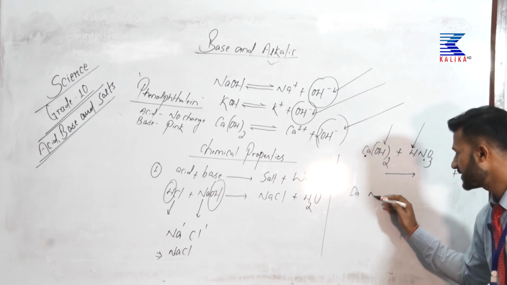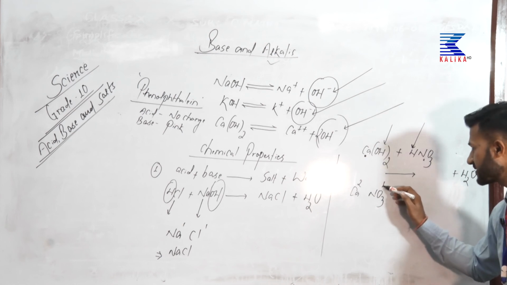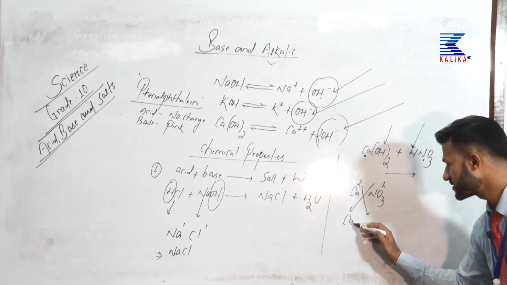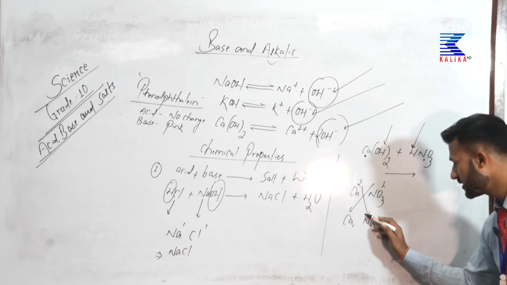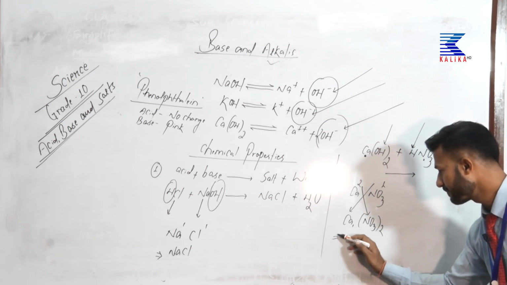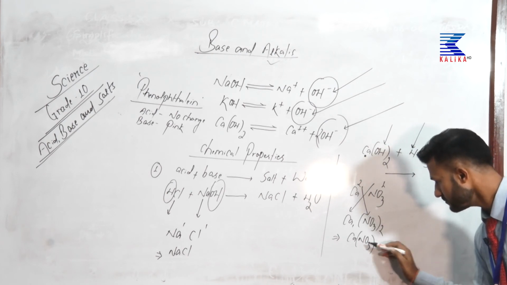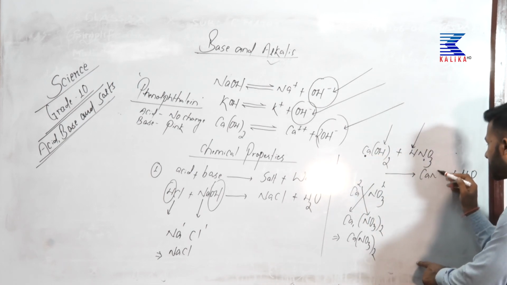Let us make a crisscross: calcium valency 2, nitrate valency 1. That one comes down of Ca and 2 goes down of NO3, thereby forming calcium nitrate. That is why the salt calcium nitrate is formed.